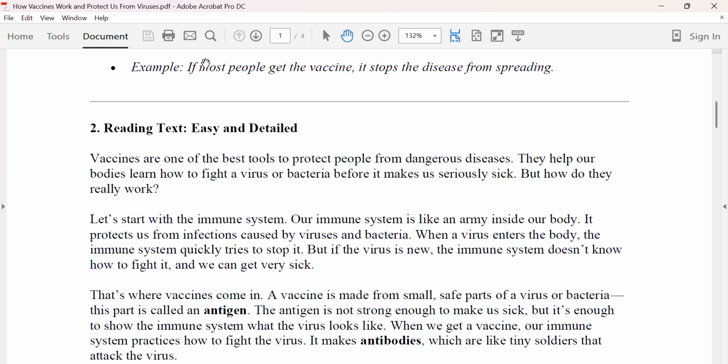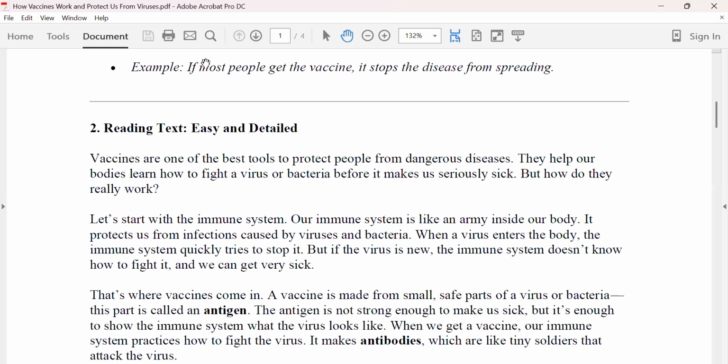I think it's easy, right? The text is simple to understand. So I already explained above that the vaccine comes from the virus or bacteria. They just break it down to get only some part of the virus, which we call the antigen.